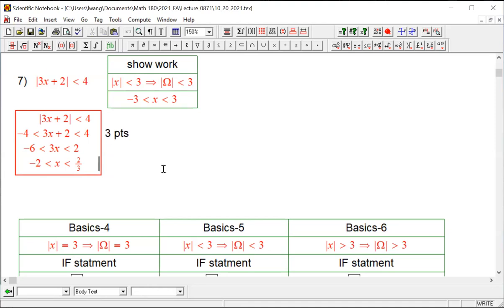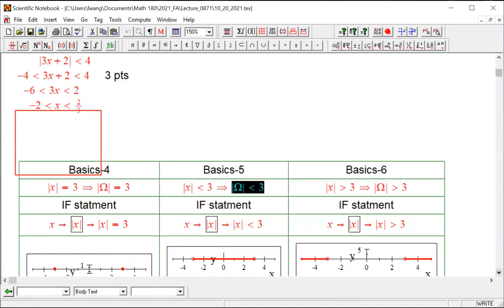Professor, comment? Showing this work for number 7 and comparing with the previous question, this autopilot, you call it, does work when we have the less than symbol. Less than, yes. Less than is this model. But it doesn't work for the greater than.